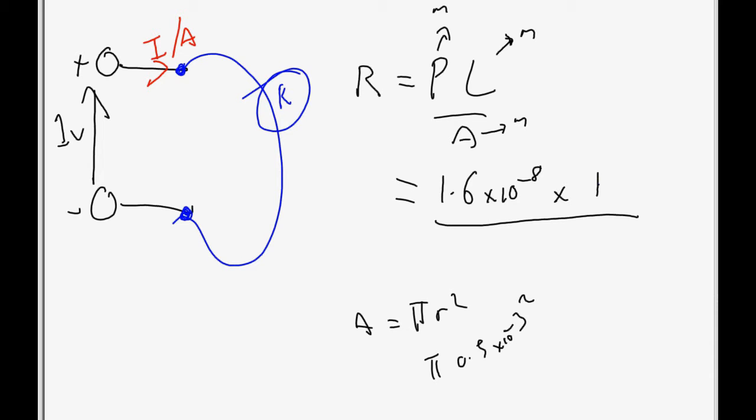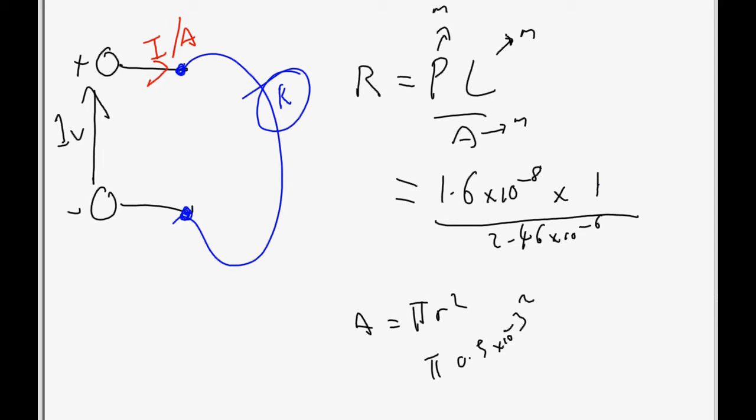So what does this work out to be? It's going to be a really small number. About 2.46 times 10 to the minus 6.